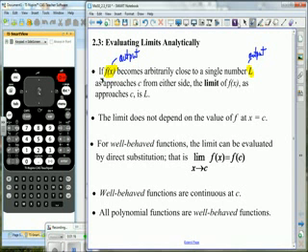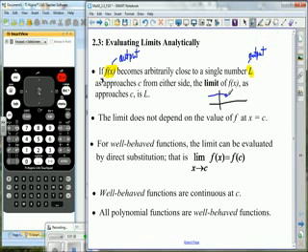Now, one thing that we haven't talked about, although we alluded to it briefly in our lecture last Thursday, is that the limit does not depend on the value of the function at x equaling c. Remember, we had a couple of those problems, and I'll just make one up here.